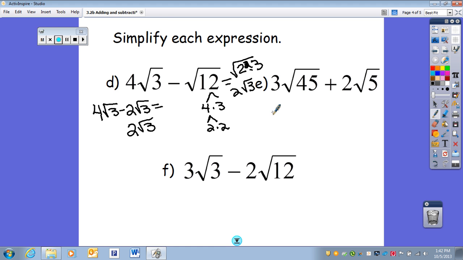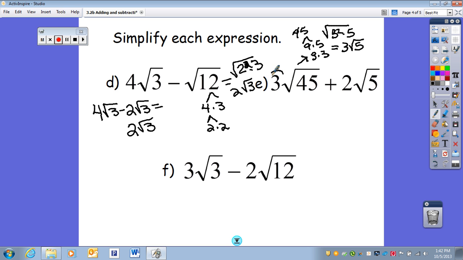When we have one like this, where we have the square root of 45, if we make a factor tree for 45, that's going to be 9 times 5 and 3 times 3. So when we simplify, it's going to be the square root of 3 squared times 5, which equals 3 square roots of 5.